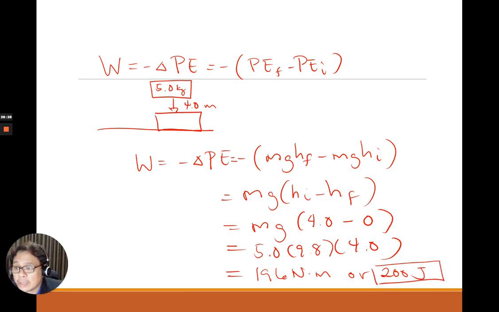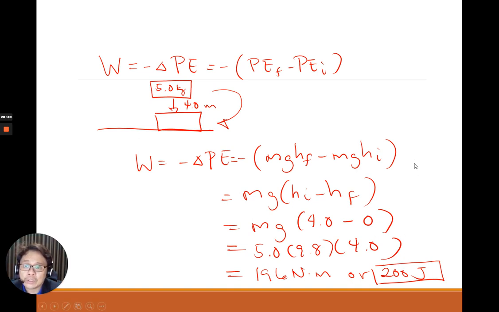Kasi you started from the top, tapos minove mo siya pababa. Okay? So you are not going against gravity. In fact, yung gravity kasi is downward di ba? So, same direction kayo, no? Downward. That's why it's positive 200 joules.